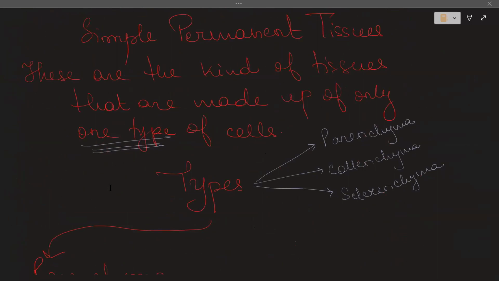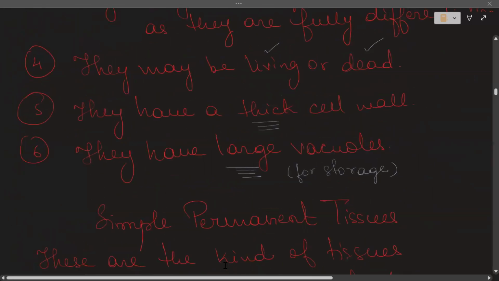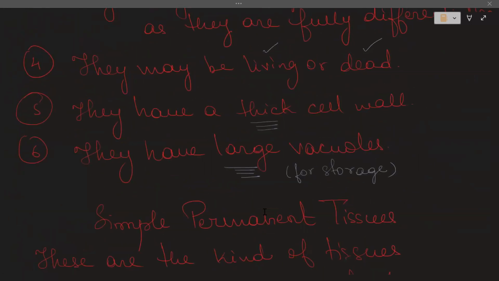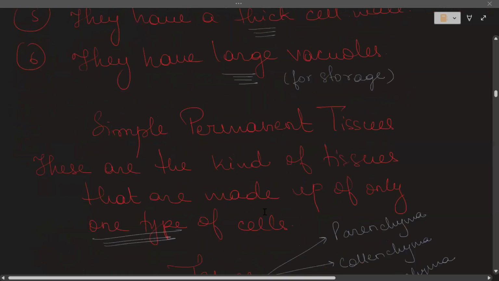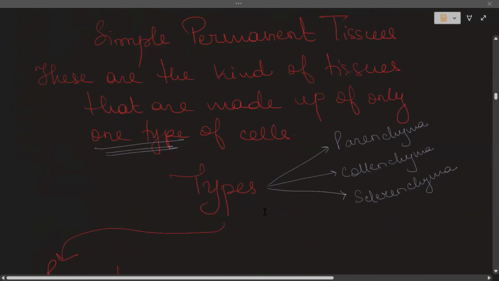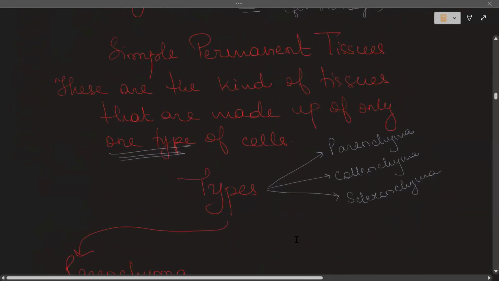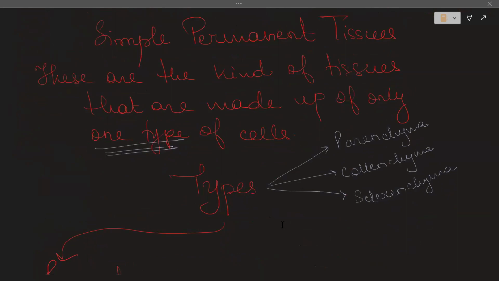I have done simple permanent tissue. Was there any point that is left? I completed simple permanent tissue. It's okay. Those who have not written, write it down, and then I'll scroll. You can switch off your videos and write down comfortably.